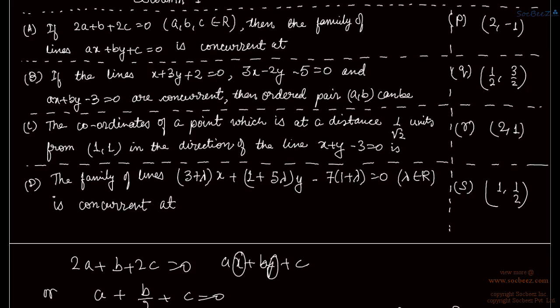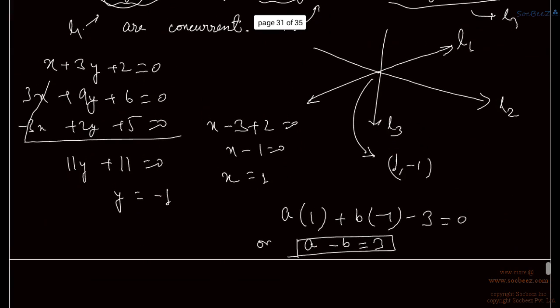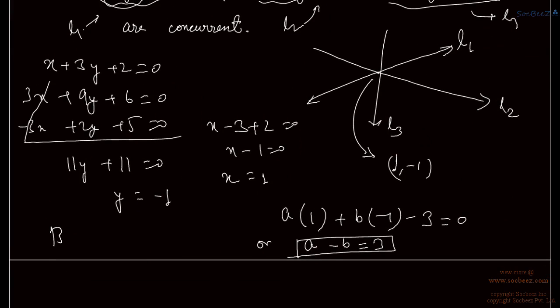Q, half minus 3 by 2 is 0.5 minus 1.5, that is 1 minus 1. Q is not satisfying. Similarly, R is also not satisfying, because 2 minus 1 is 1 and 1 minus half is half. So only option P is satisfied. So the ordered pair AB must be 2, minus 1, right? So B matches with P here.